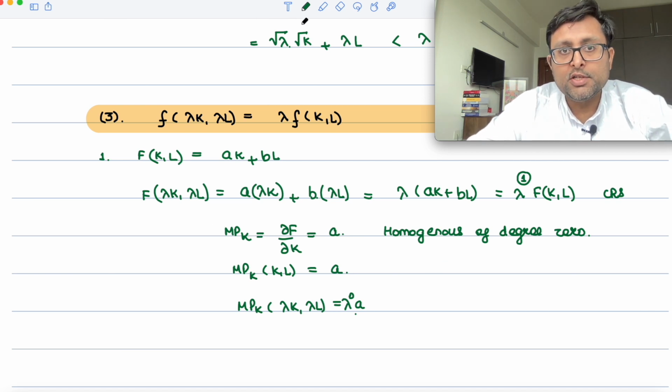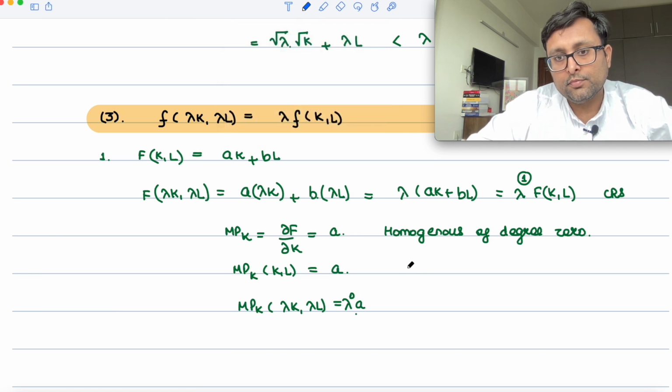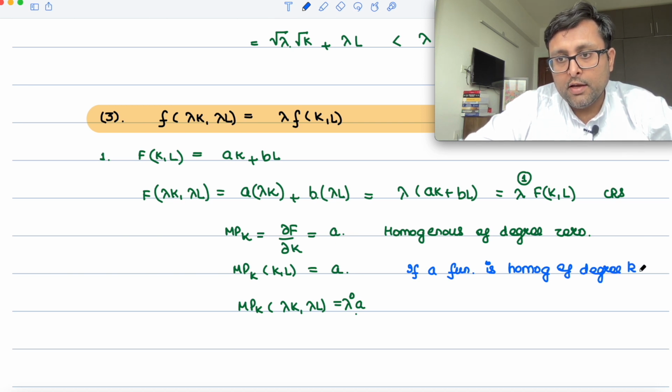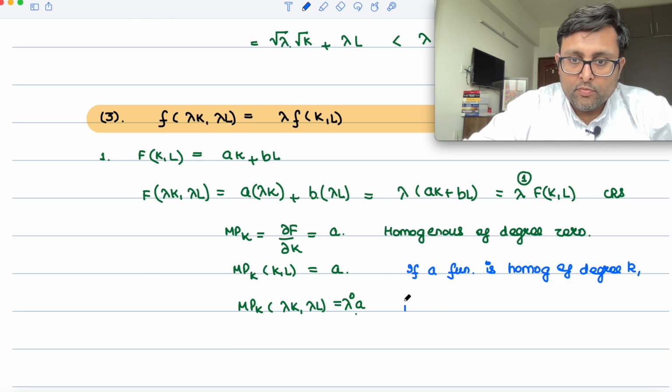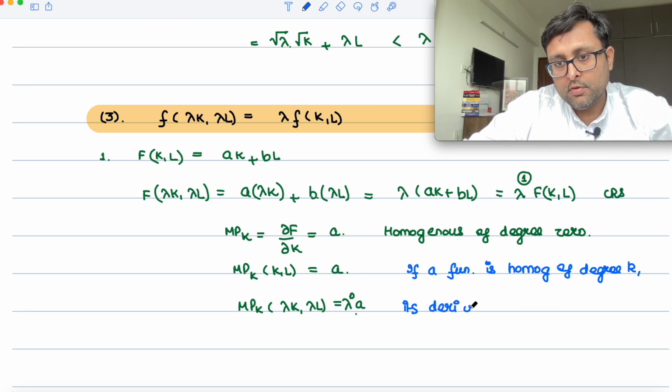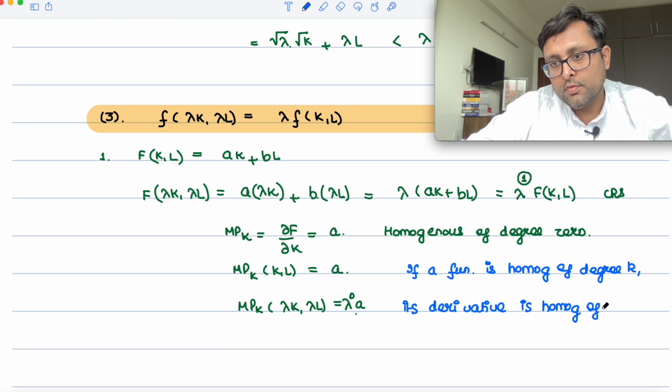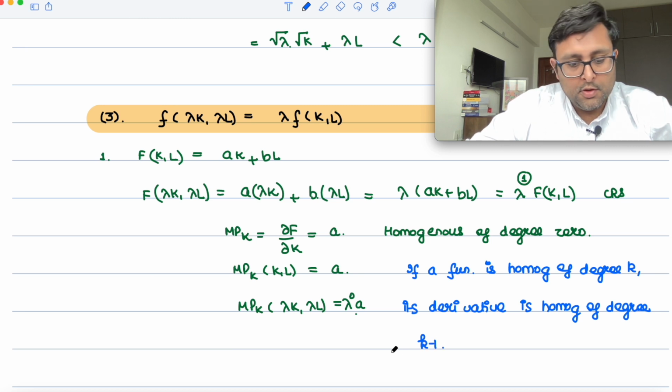So let me just write that. If a function is homogeneous of degree k, its first order partial derivative is homogeneous of degree k minus 1.